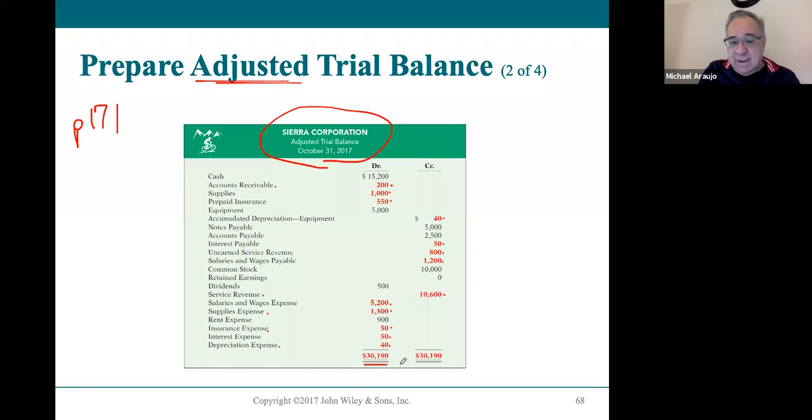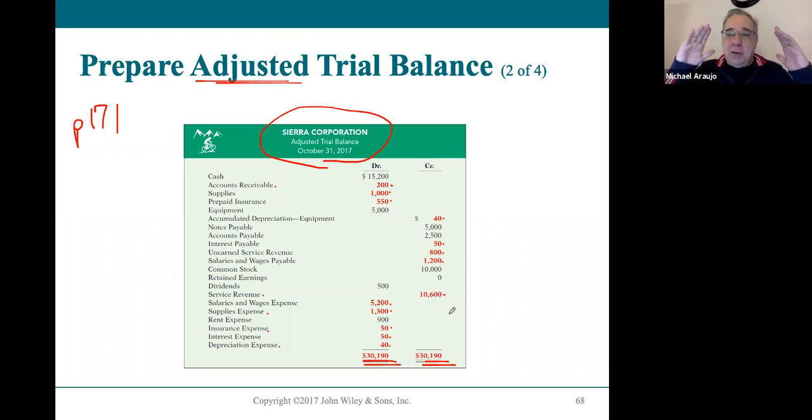As you see, the accounts that have a normal debit balance and the accounts that have a normal credit balance are equal. They're equal after the adjustment process. So we know that our adjustment process went well, and we can see that in the balances. The adjusted trial balance is the document we use to create our financial statements.